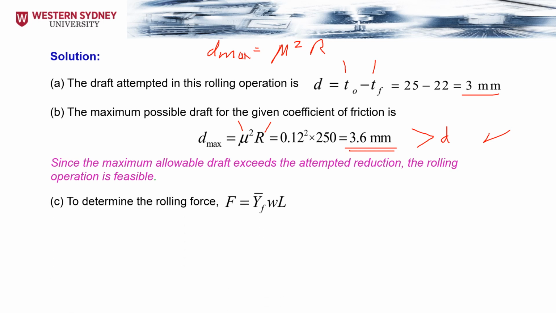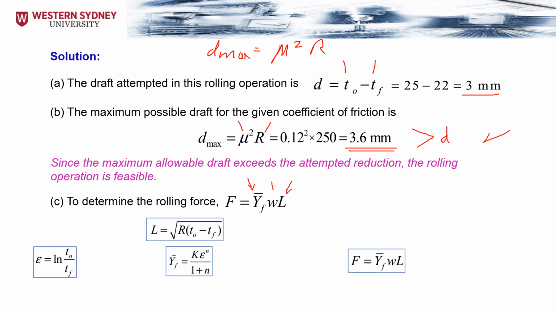Now we are going to determine the rolling force. We need to find first the Y_f prime. W is known, we need to find the value for L. So we start with finding L, which is the square root of the radius multiplied by the draft: 250 multiplied by 3 millimeters under square root.